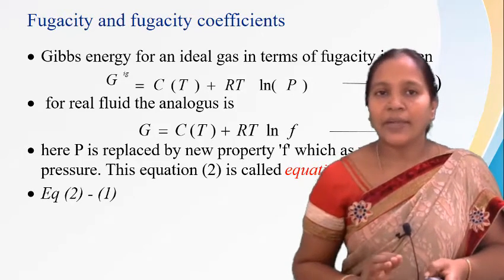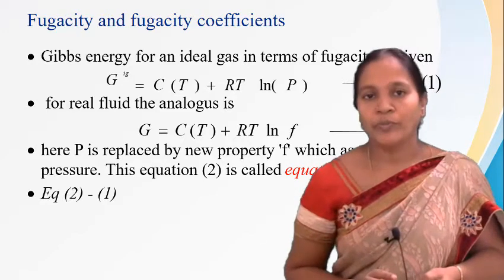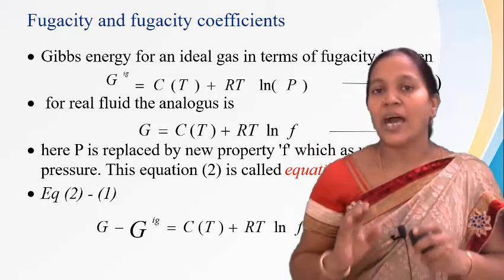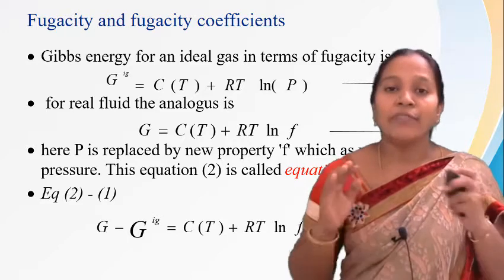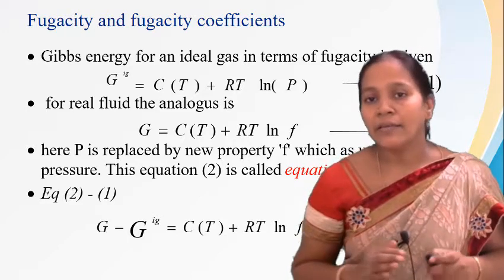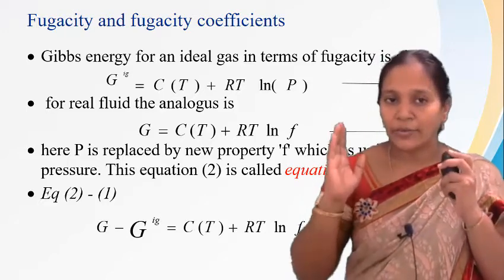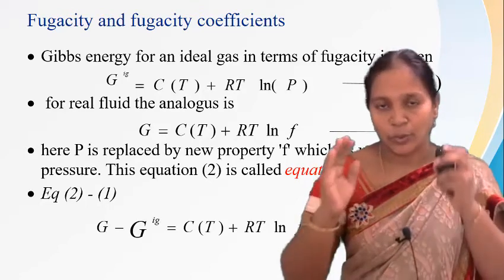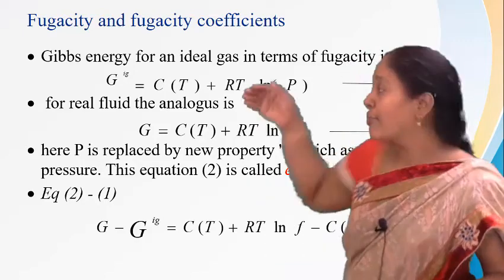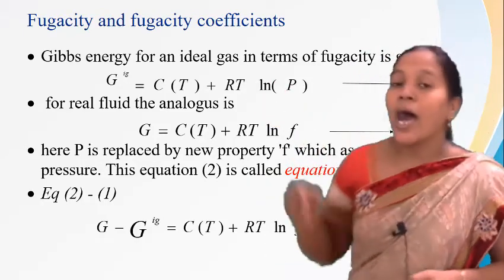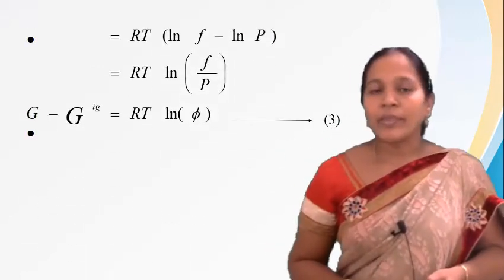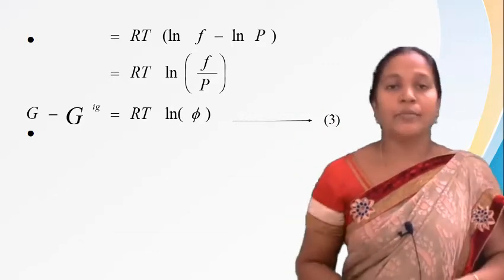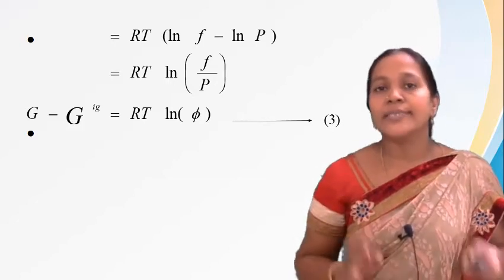Now subtract equation 1 from 2, that is G minus G^ig = C(T) + RT ln f minus C(T) minus RT ln P. Therefore, the C(T) terms cancel, and taking RT common, RT into (ln f minus ln P).